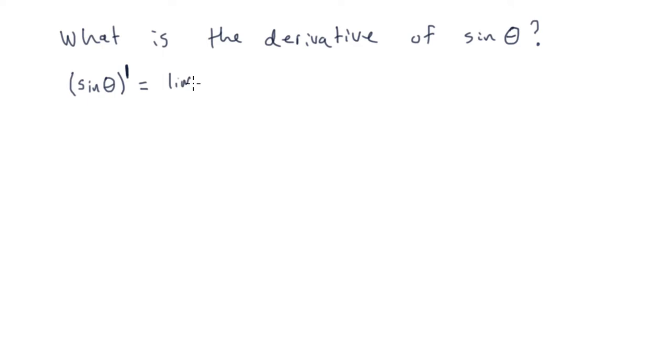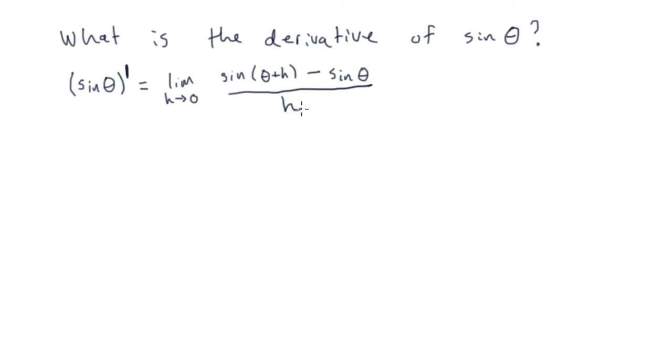The limit as h goes to 0 of sine of theta plus h, so I go just a little bit away from theta, and then subtract sine theta, and then divide by h.